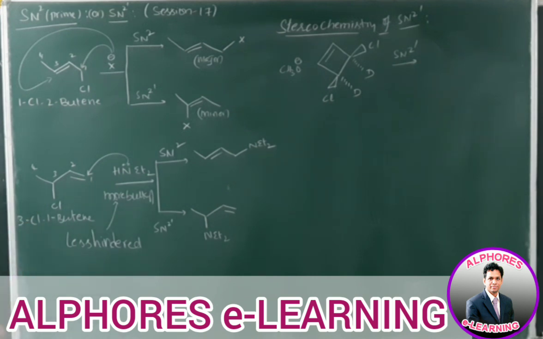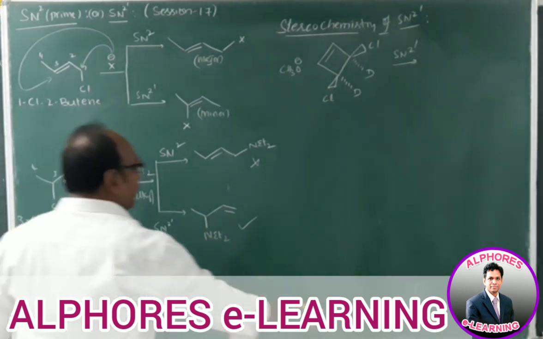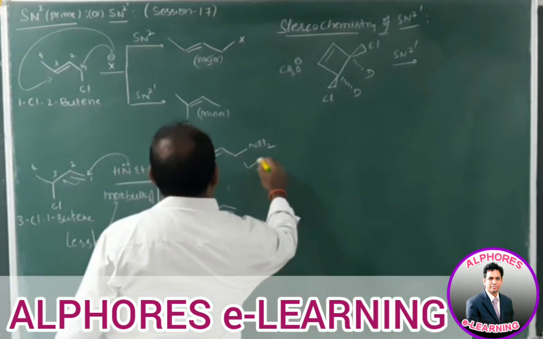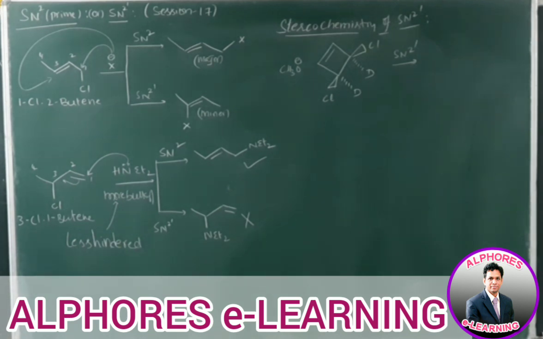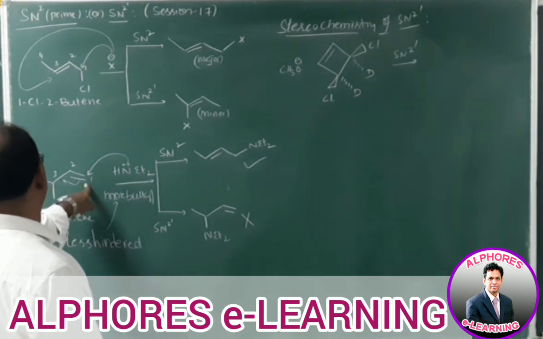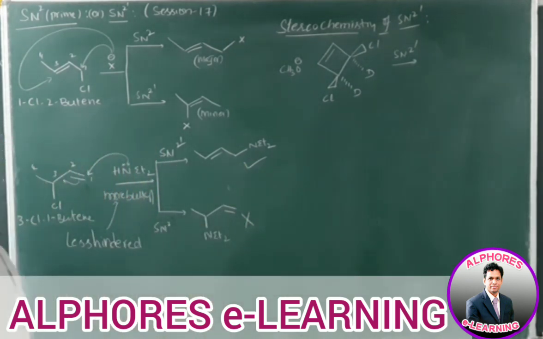So what product are we going to get as major? The third carbon is hindered and the first carbon is less hindered, so it approaches here because the pi electrons are shifted here. Hence we get the SN2 prime product as major, and the SN2 product is not able to form. SN2 is not possible, SN2 prime is possible.